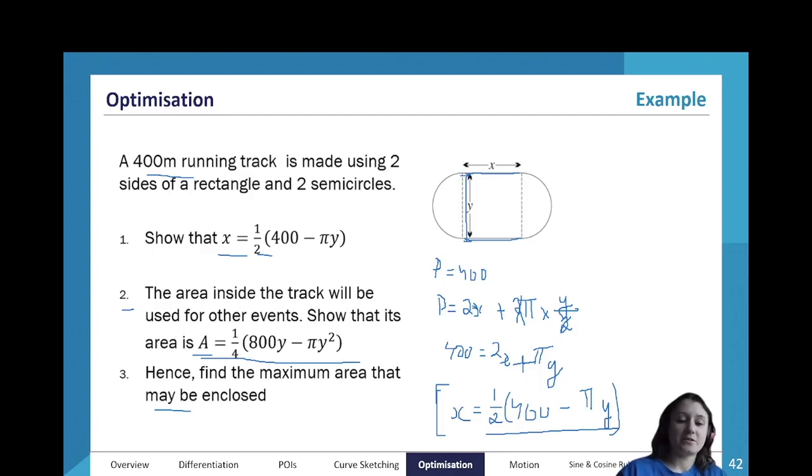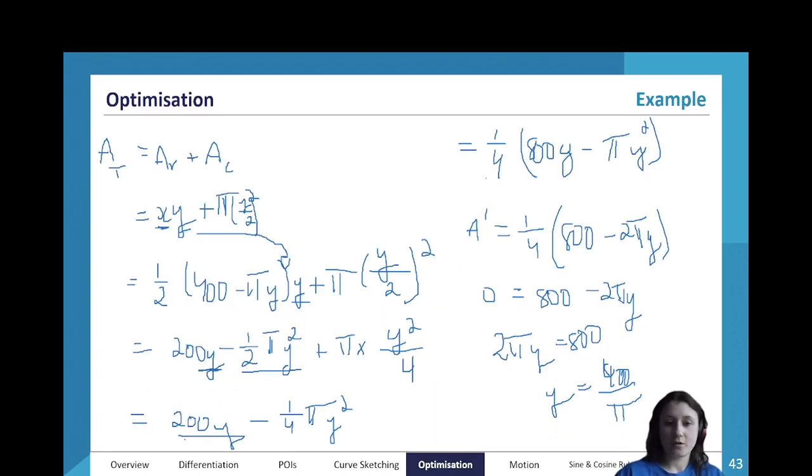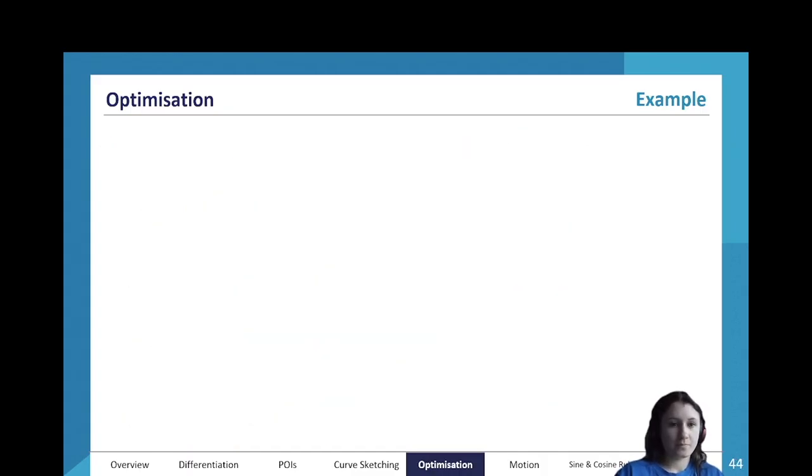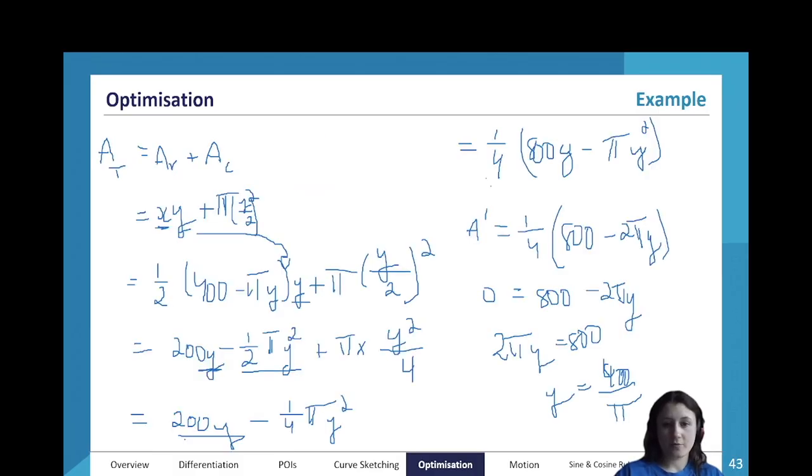Right? That will be the y value. So now we just need to find the maximum area. Right? So our area formula is 1/4 of 800y minus pi y squared, right, from up here.